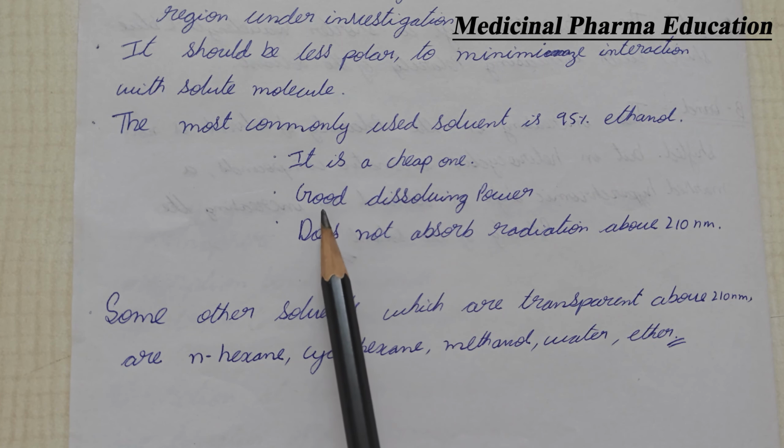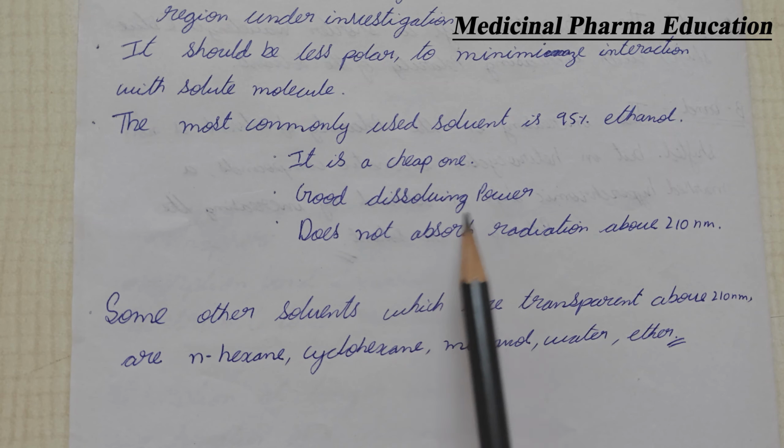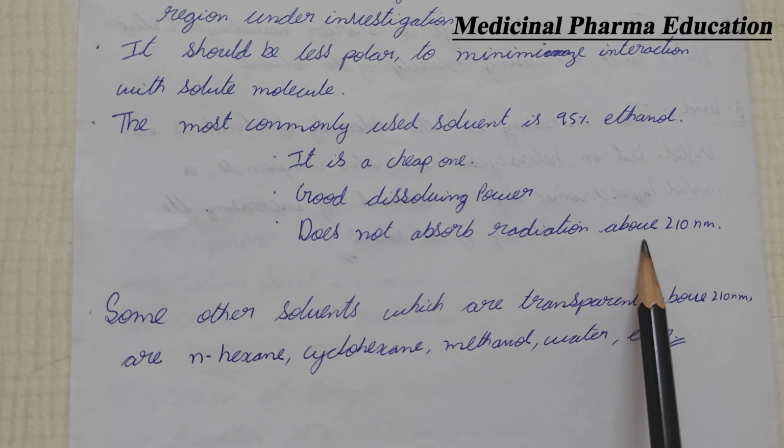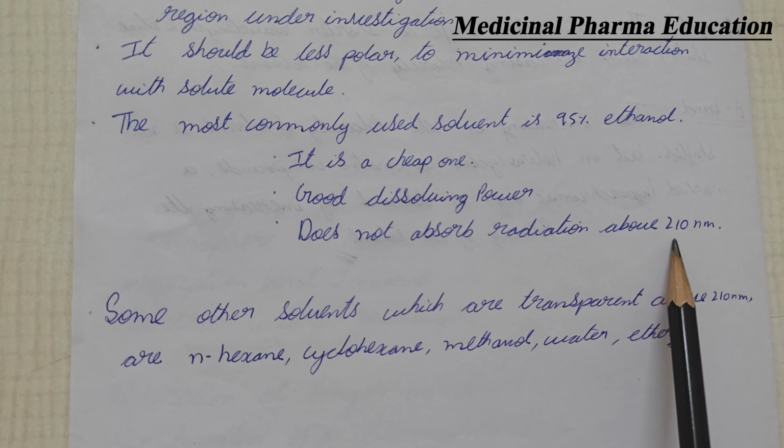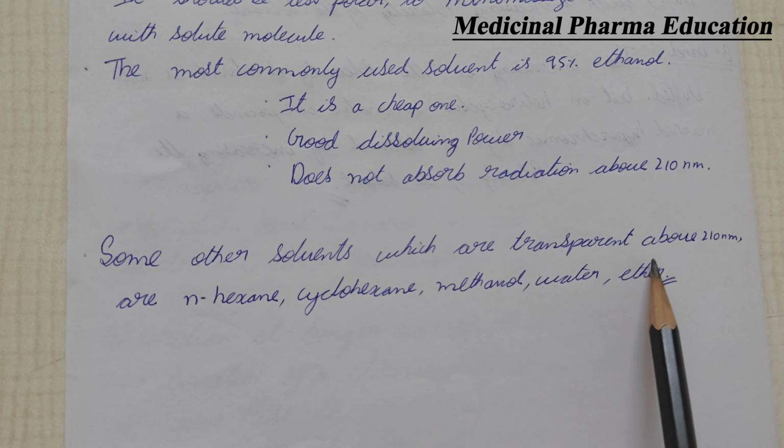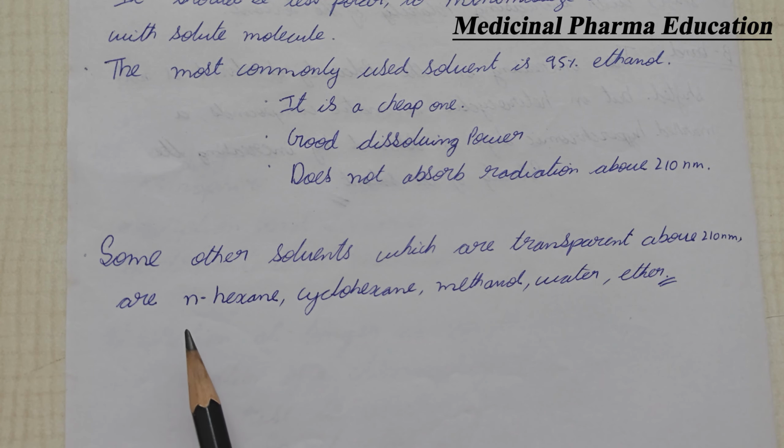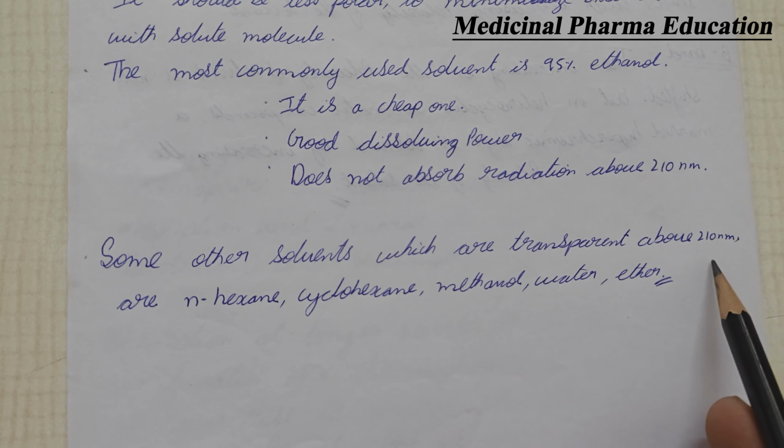It is cheap, has good dissolving power, and does not absorb radiation above 210 nanometer. Some other solvents which are transparent above 210 nanometer are n-hexane, cyclohexane, methanol, water, and ether. See, the UV region starts from 200 to 400 nanometer.